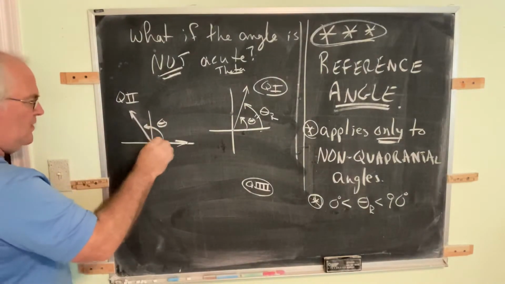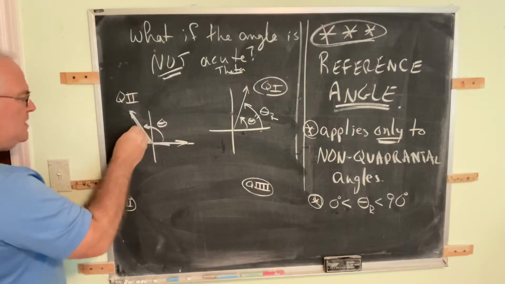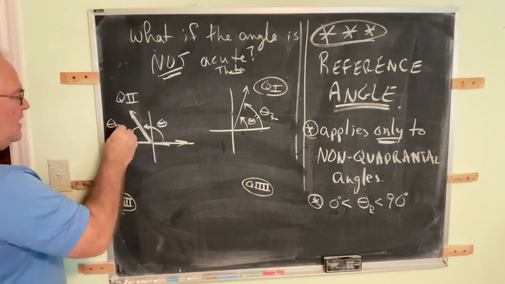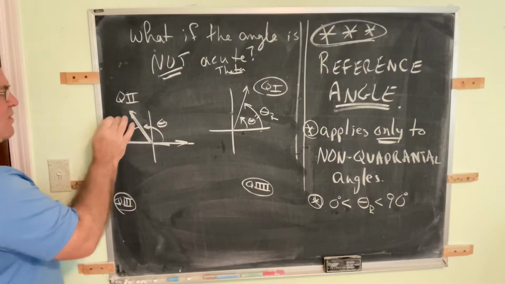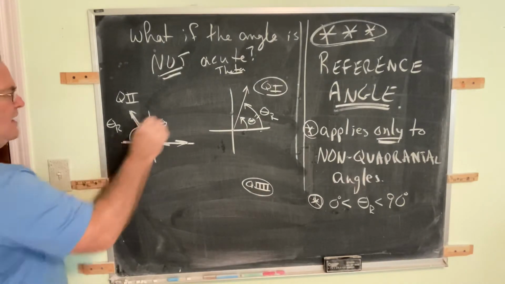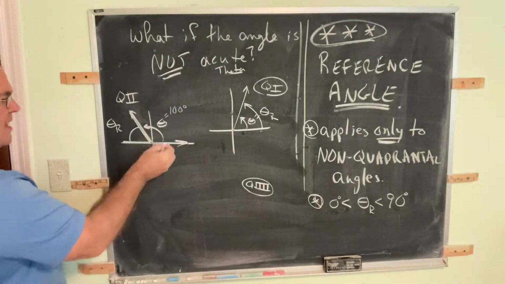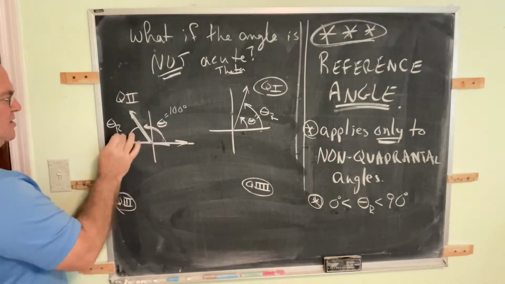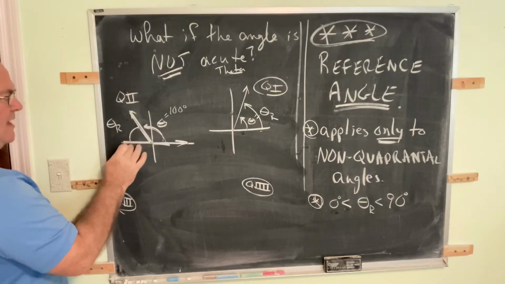Well, it could be this. No, that's not acute. That is acute. Always, in quadrant 2, theta reference looks like this. If theta is 100 degrees, the question is how big is that? It's got to be the rest, because it's got to add up to 180.